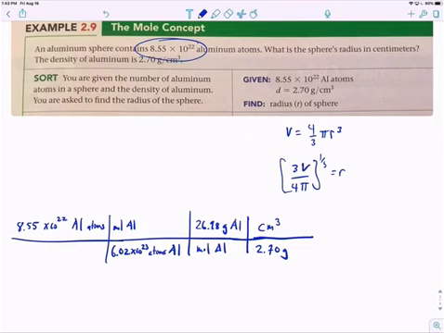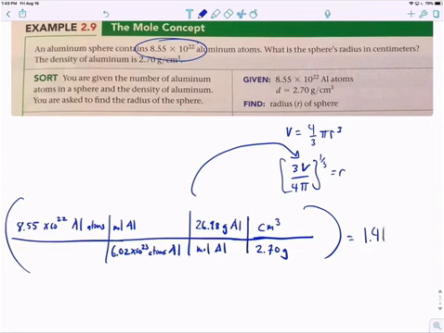You see, I'm dividing by it there to have the units work out, right? Because I need a volume. Once I calculate this term, you can then put it into the volume equation. It'll give you the radius. So if you calculate this out, it's going to be 1.4187 cubic centimeters.